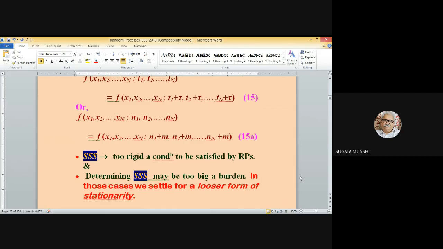Now, what is this relaxed form of stationarity where we will settle? First of all, I have pointed out that for strict sense stationarity, equation 15 and equation 15a should be satisfied for all values of capital N greater than or equal to 1 and all values of tau or m.